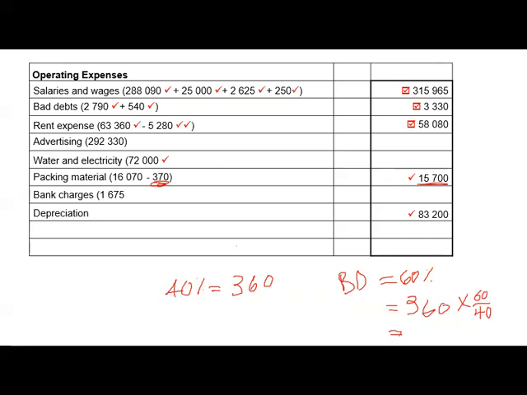Yes, you will add it here to bank charges, which is 670. Our total bank charges will be 1,675 plus 670, and that will give us our total bank charges of 2,345.